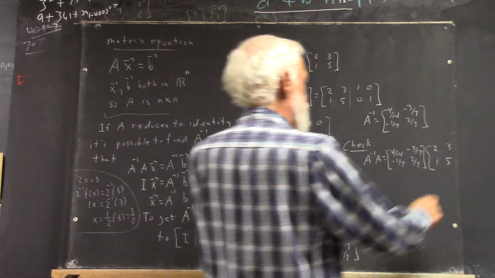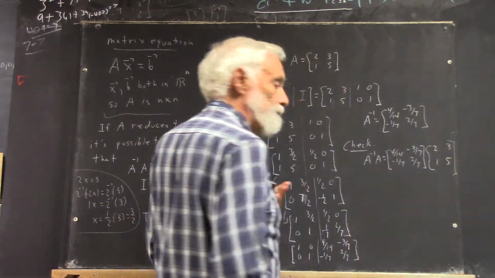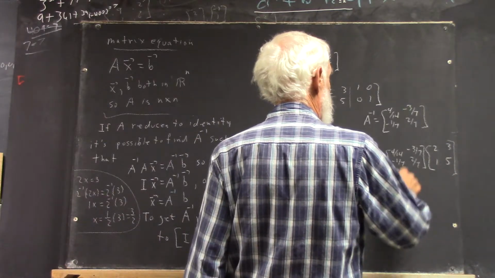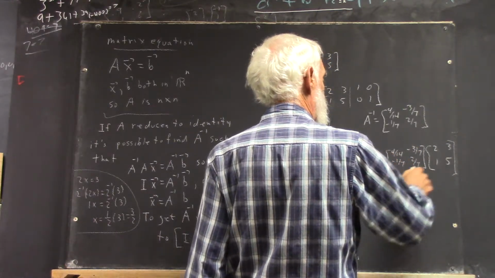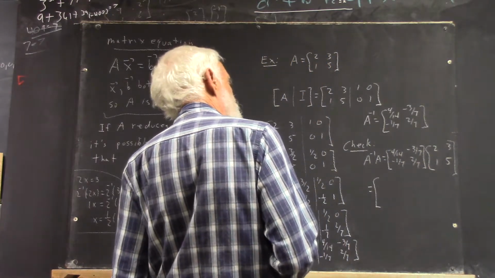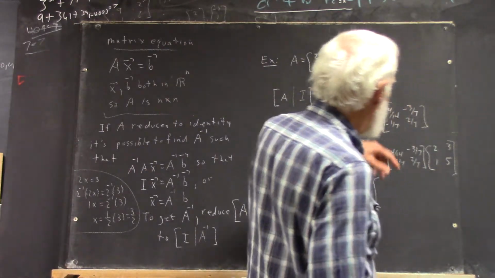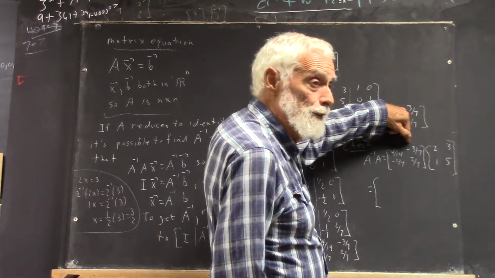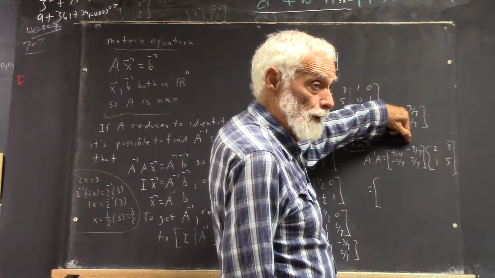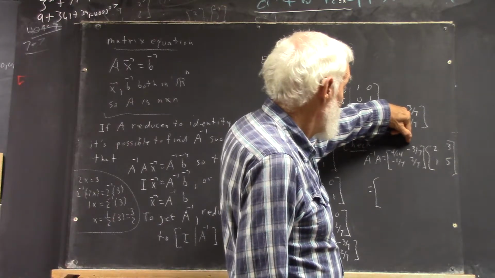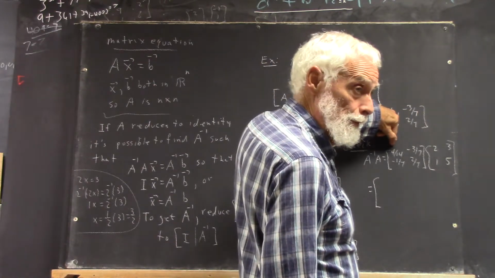We get this. Well, 2 times 4 is 8. 3 times negative 3 is, okay, well, we're going to have to add these. So 3 times negative 3 is negative 9, so we get negative 9/7, which is negative 18/14, right? And we've got 8/14 here.